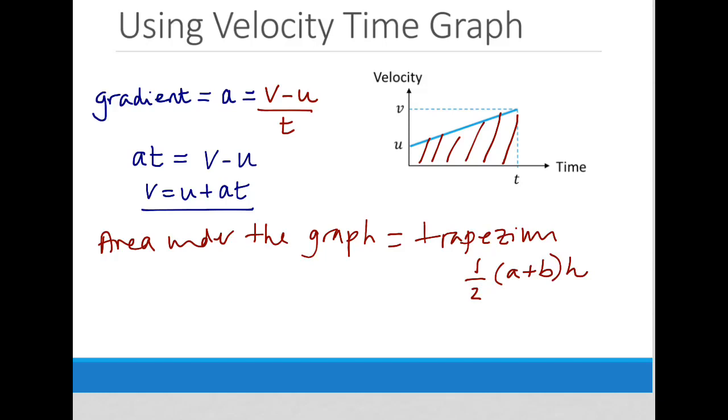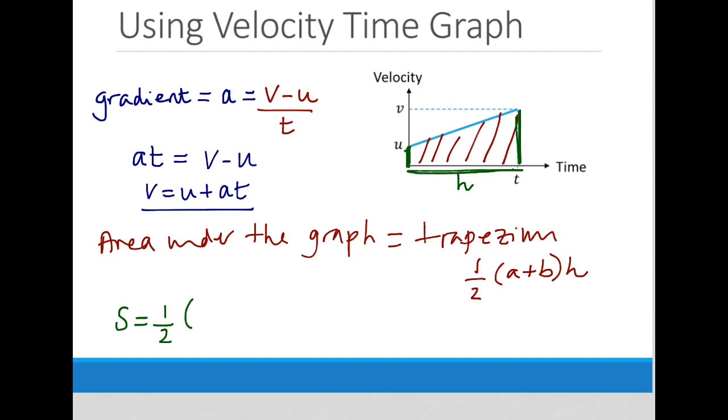So let's mark on where a and b are on our graph. So a and b are the parallel sides, so that's a there, and this here is b, and h, which if you remember is the height between the parallel sides, would be this here. So remembering that the area under the graph is the displacement, that would equal a half of the parallel sides added together.